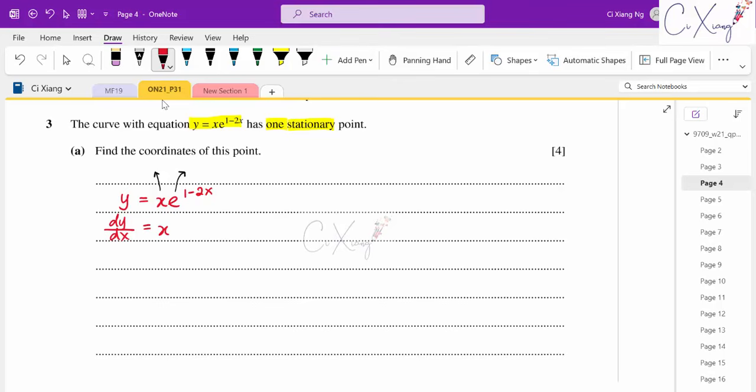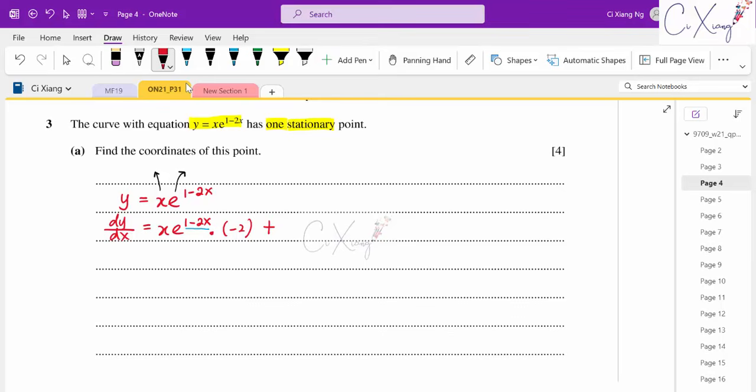Differentiating e power 1 minus 2x, I get back e power 1 minus 2x, and then I multiply by the differentiation of the power itself. Differentiating 1 minus 2x gives negative 2, so I multiply by negative 2 at the end.